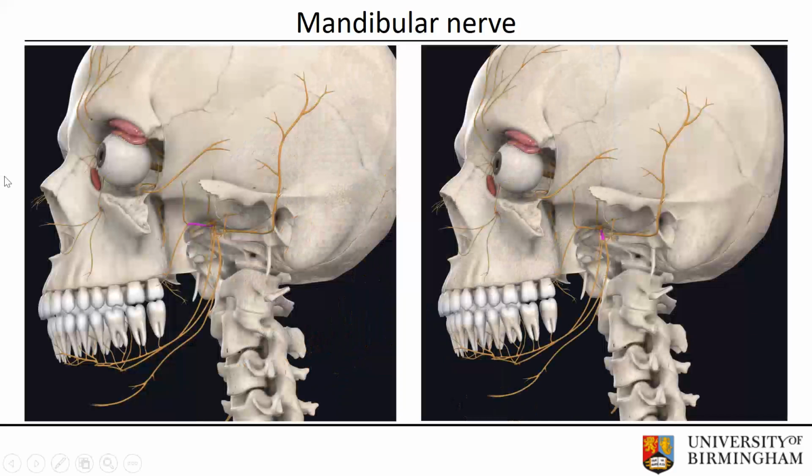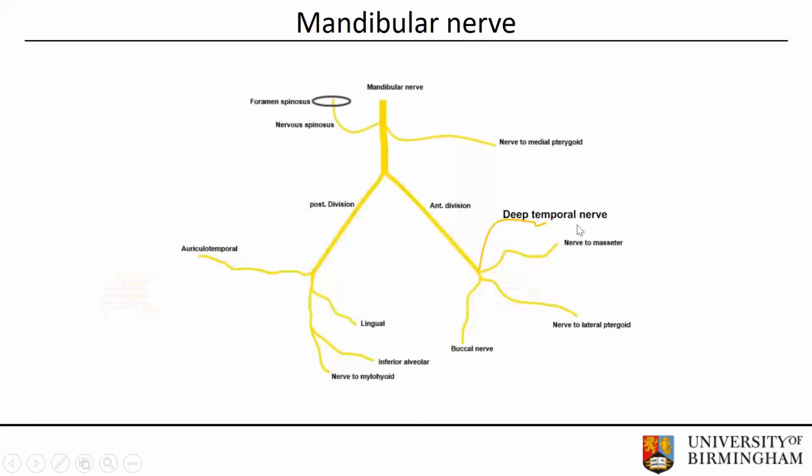It gives an anterior and a posterior division, and I have highlighted them here. On the left side we have the anterior division, and on the right side we have the posterior division. And to simplify it, I have this representation of the different branches.